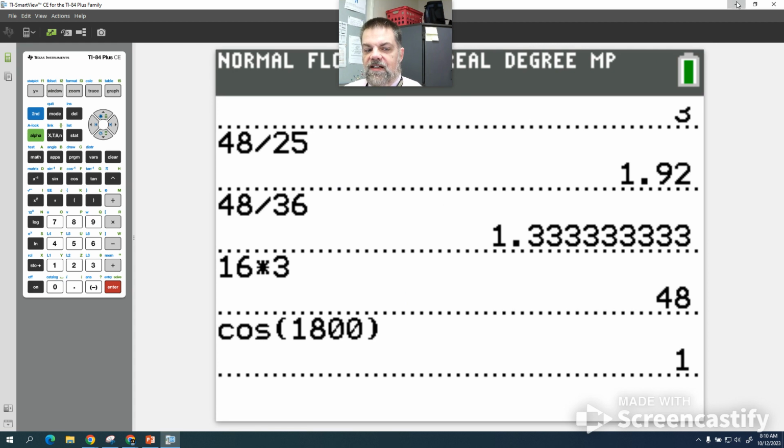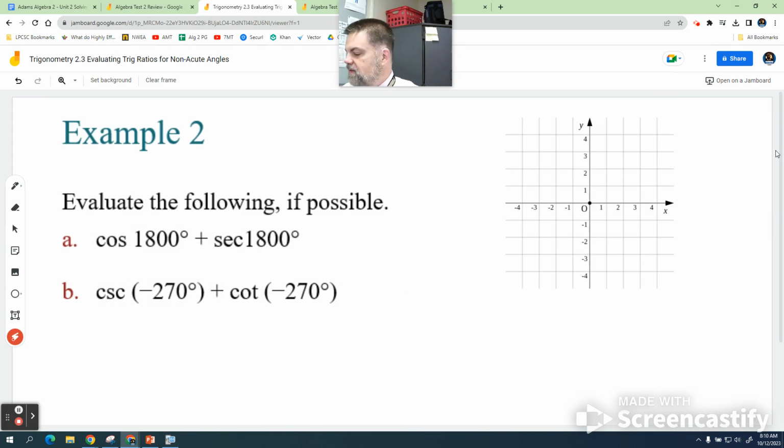All right. So what we're doing, and I want you guys to think about this. Remember, 1800 degrees will have a reference angle, right? So if I start here at 0 and I go around, that's 360 degrees. I go around again, that's 720.